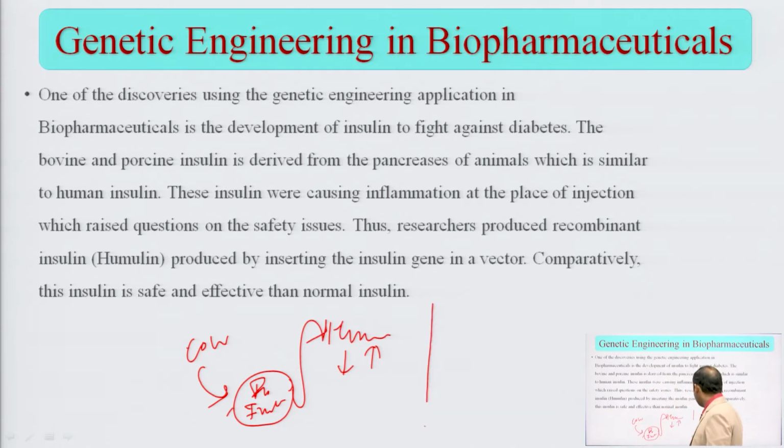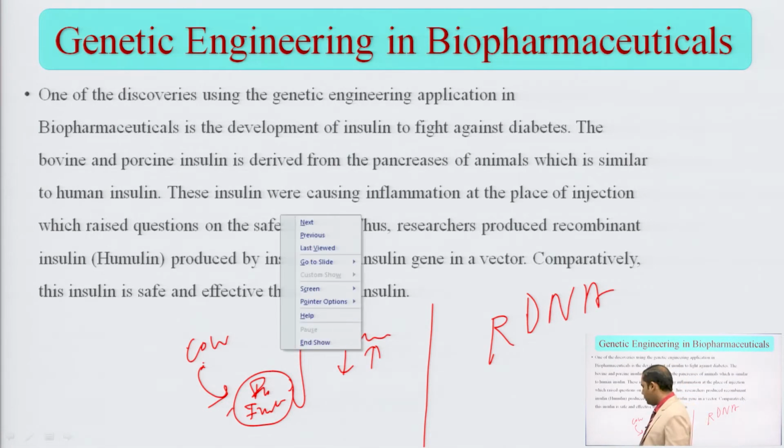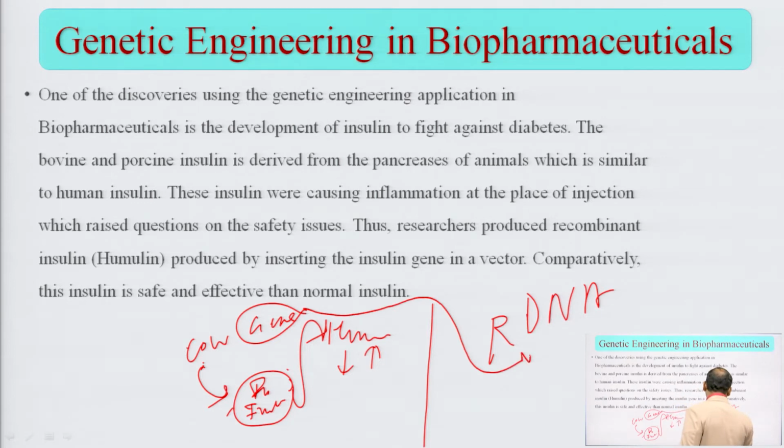Then the rDNA technology was introduced. In cow or in human, there must be some gene responsible for making this insulin. So, what they have done? They have taken out that gene under rDNA technology, and then a plasmid or some vector.